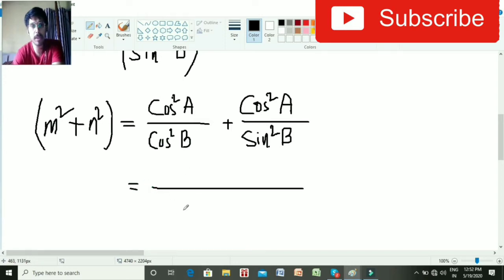So LCM will be cos square B into sin square B.